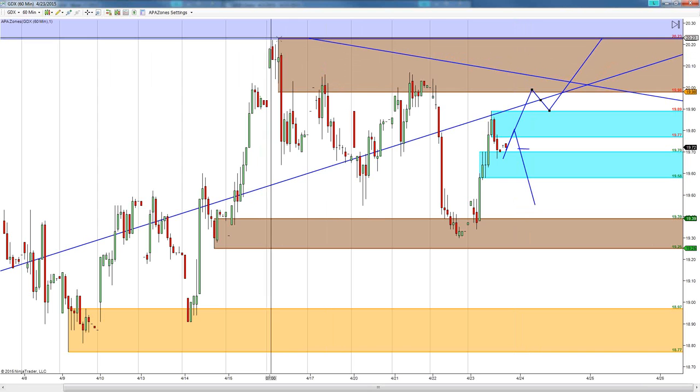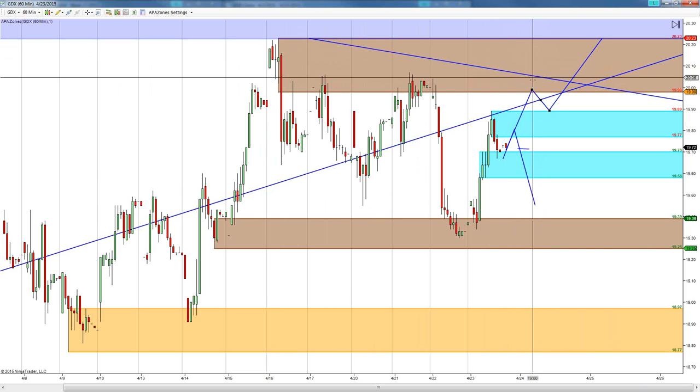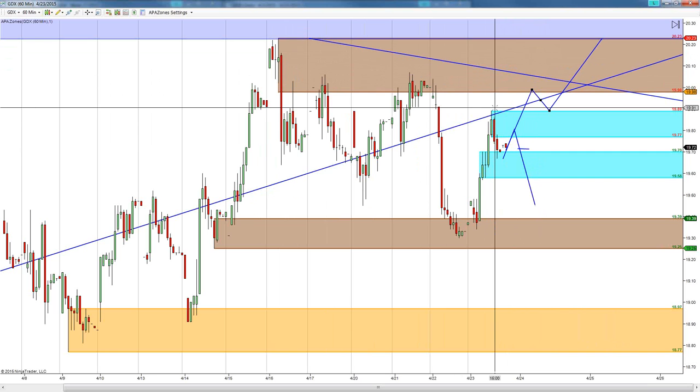So if you follow the trend line from the daily, we get the nice trend line bounce here. Now I know it draws it a little bit weird on the 60-minute chart, but that's what I'd be looking for. Okay, so I hope that makes sense.